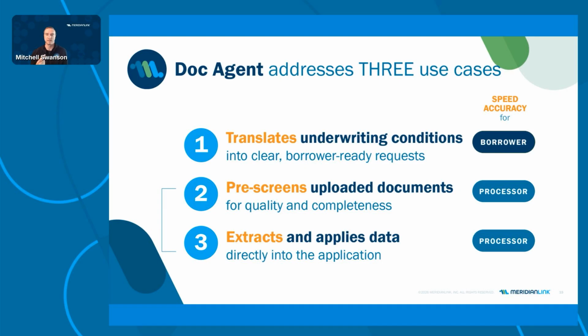Use case number 1 hits the requesting piece, right? When your loan goes into underwriting and your underwriter makes all kinds of verbose conditions asking for the firstborn child and the like, Millie's doc agent will automatically fetch those and translate them into document requests.